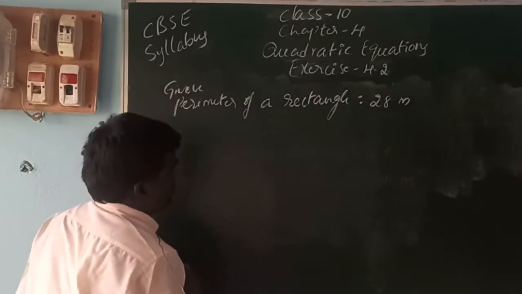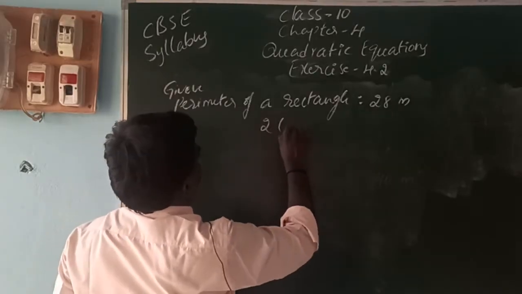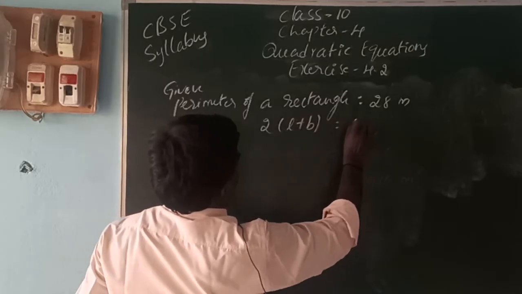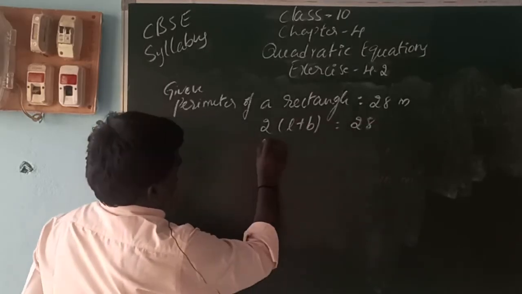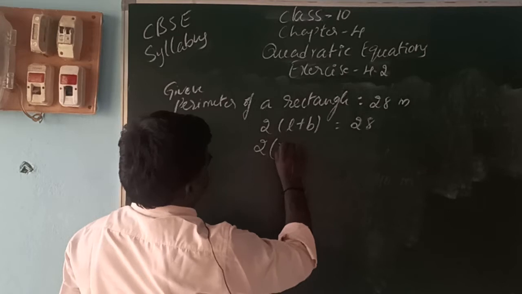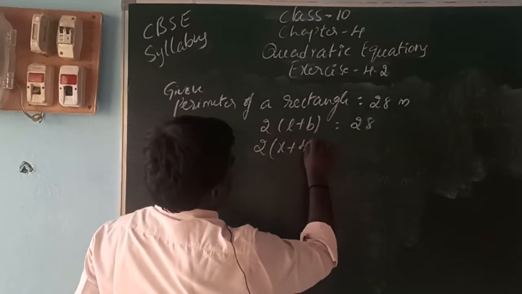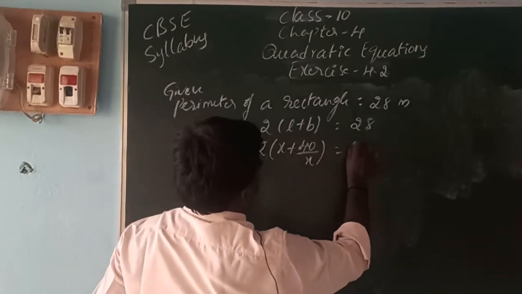So the formula for perimeter of rectangle is 2 of L plus B is equal to 28. Here 2 of length, how much? x. Breadth, how much? 40 by x, is equal to 28.